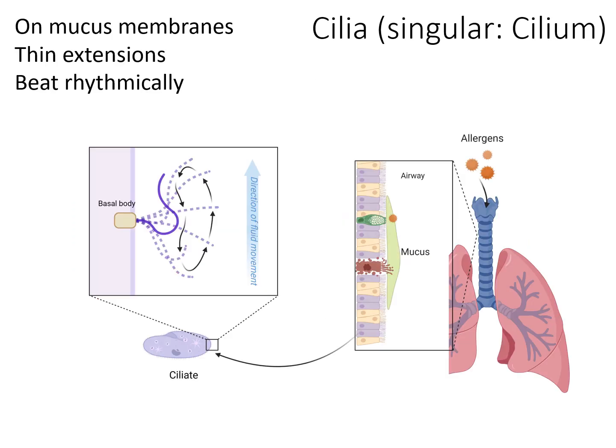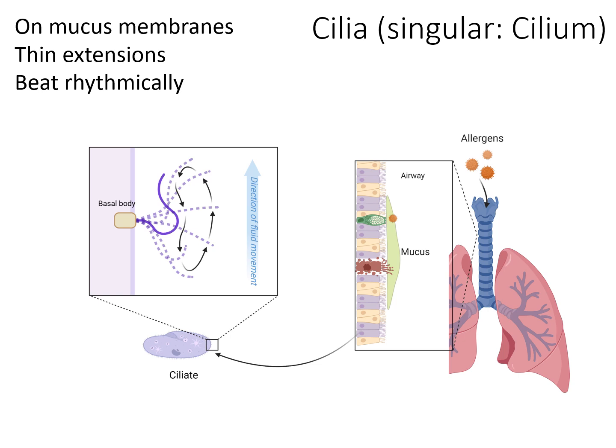Cilia, which is the plural of the word cilium, are little tiny hairs. These are hairs that are on cells, and these are usually in mucous membranes, among other places. Recall that mucous membranes line openings to the outside, and they have to maintain a moisture, mucousy barrier because the external environment is constantly drying them out.